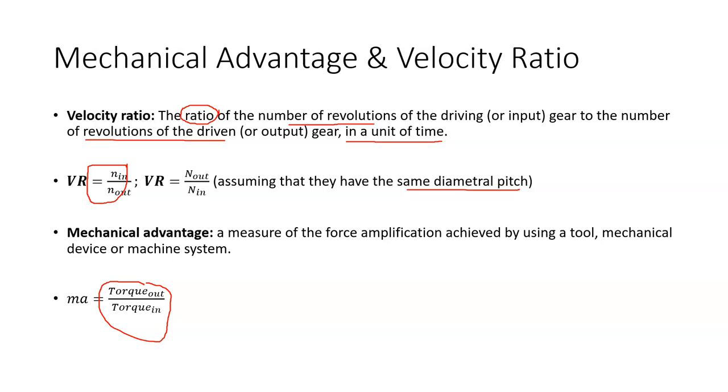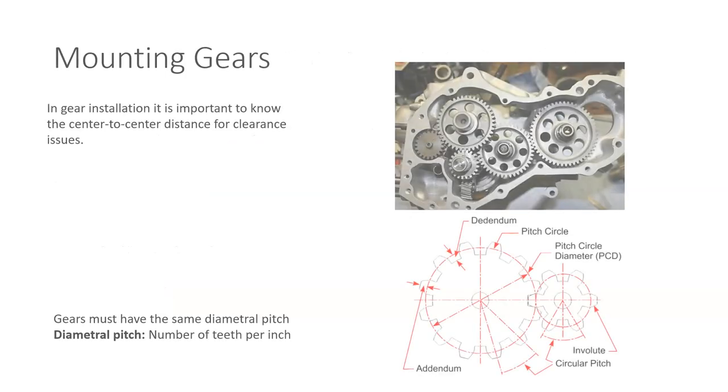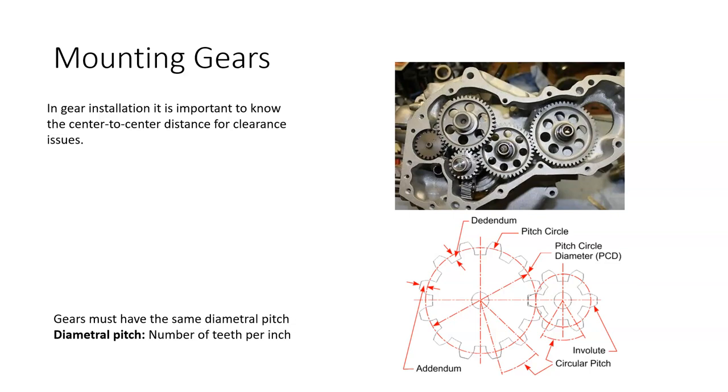Now, another element of gearing that's going to be important is how the gears can be designed into the system. You've calculated the velocity ratio that you need. You want to amplify the velocity of a motor or address the torque some way. Now you have to make sure your gears actually fit. This is another reason why diametral pitch is important. It comes into mounting the gears, or gear installation.